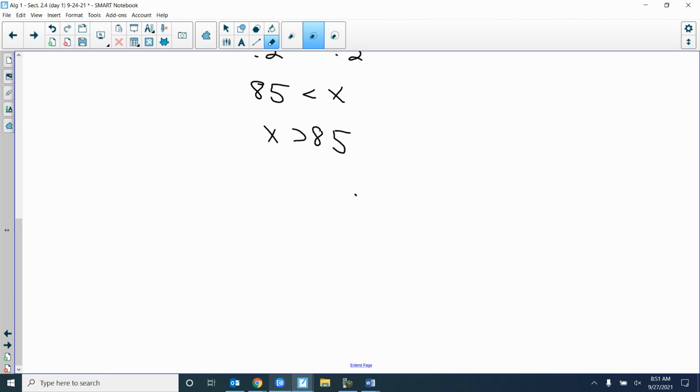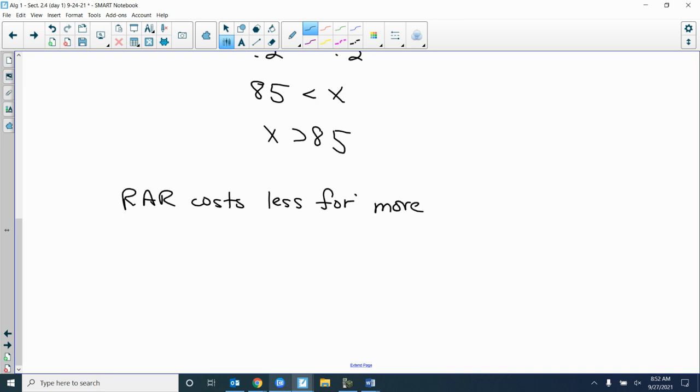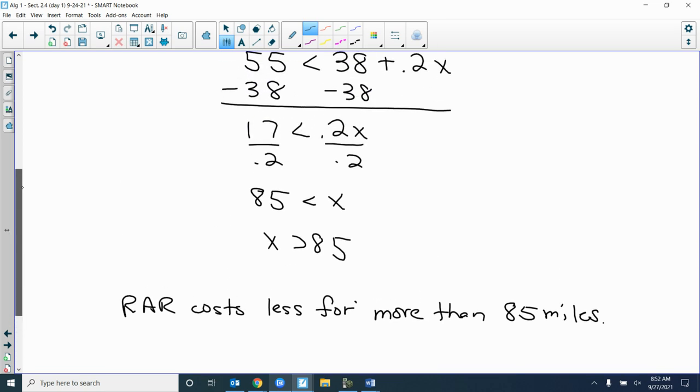So Rent a Ride costs less for more than 85 miles. So it actually has to be 86 or more. Some people will say 86 or more, that's fine, but more than 85 miles. Sometimes you just get in that habit, and I don't know if you read the whole problem, but that's how you have to word that answer.